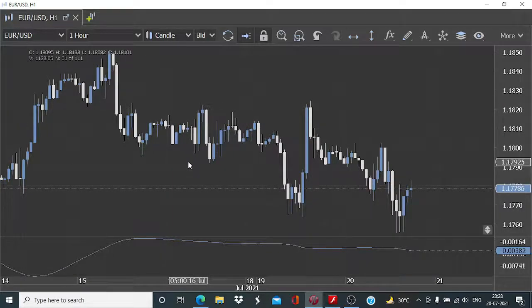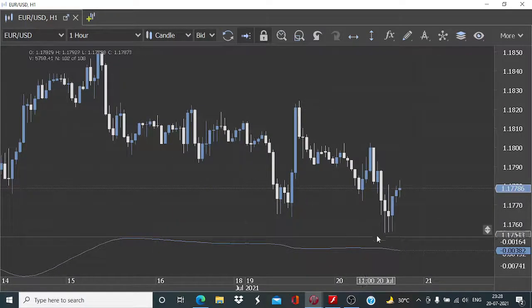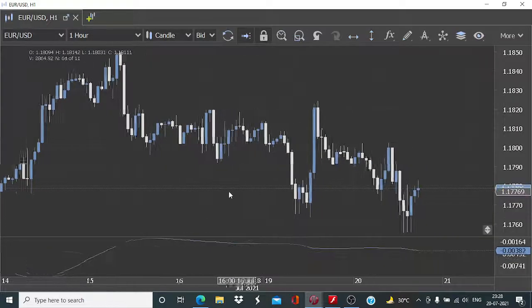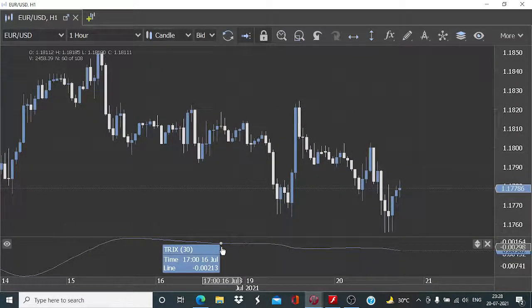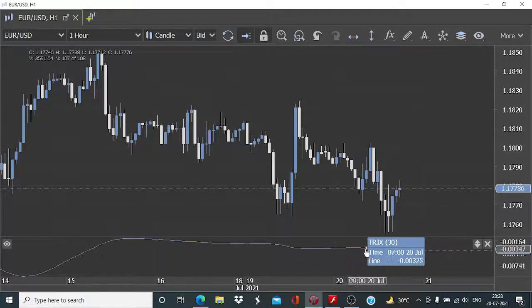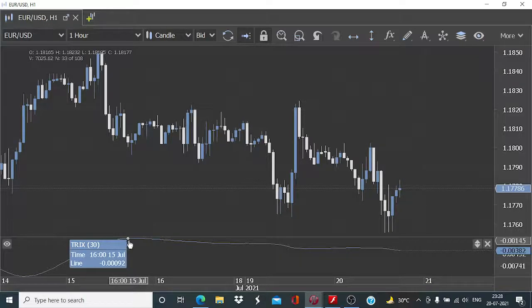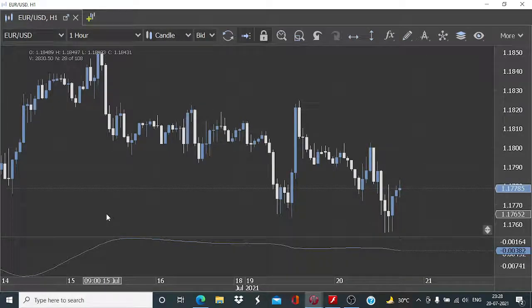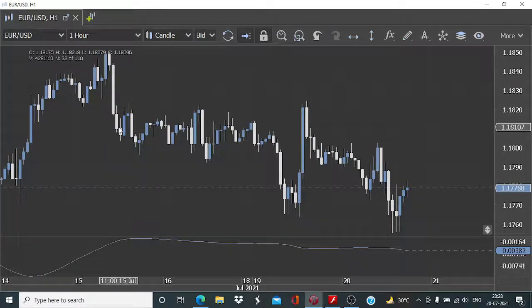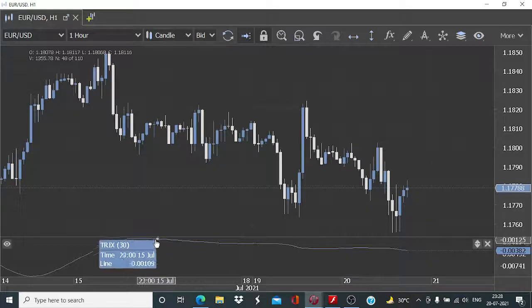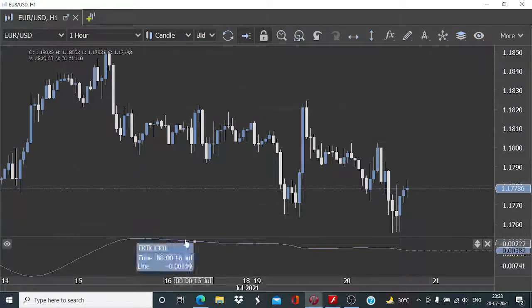This is the Euro USD chart of the hourly time period, and I have plotted the indicator TRIX with a default candle period of 30. So the last 30 candles have been taken into consideration while calculating this indicator, and as the price momentum has been bearish for quite a while, we have this smooth line plotted with a downward inclination.